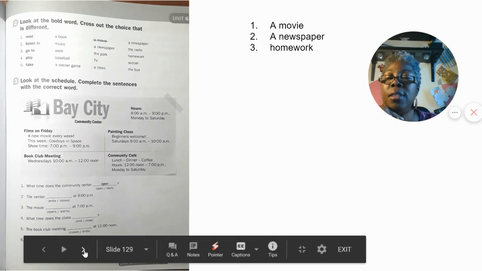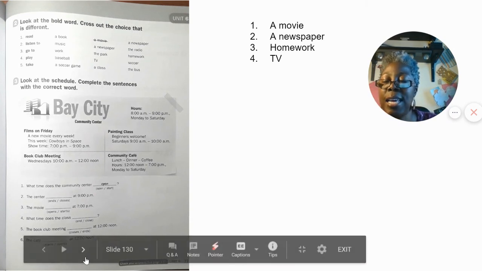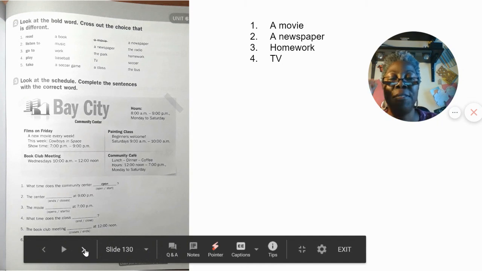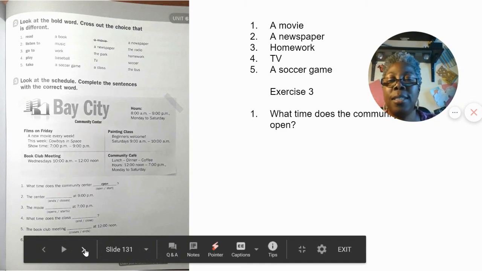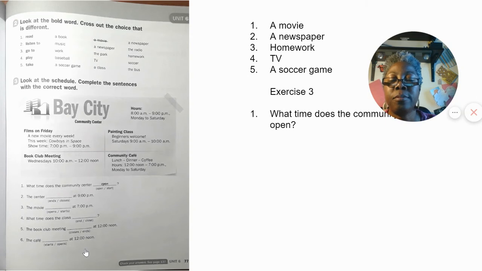You cross out homework. Number 4, play baseball, play TV, play soccer. We're going to cross out TV. Take a soccer game, take a class, take the bus. We're definitely going to cross out take a soccer game.